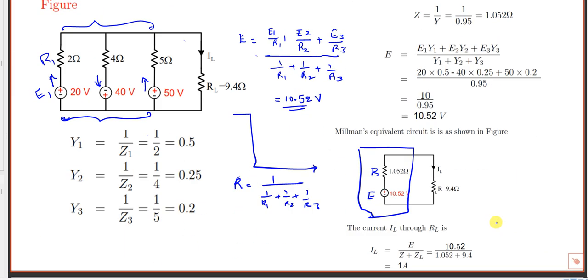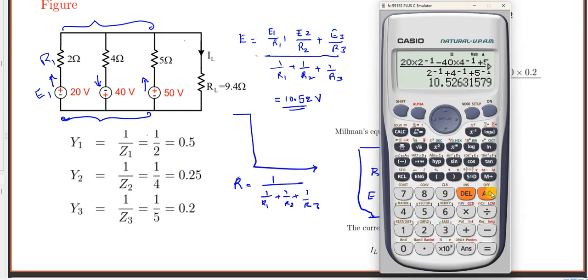Okay, now what is the answer we have to calculate? What are the three resistances? You can write numerator 1, divided by R1.